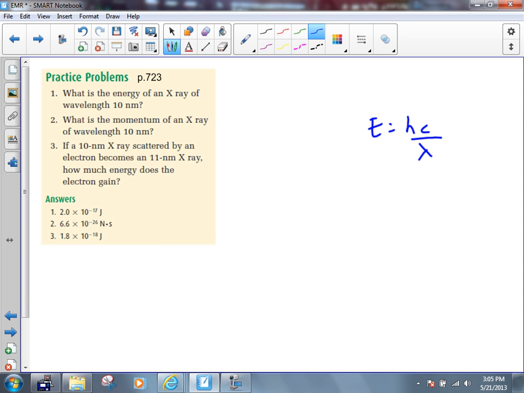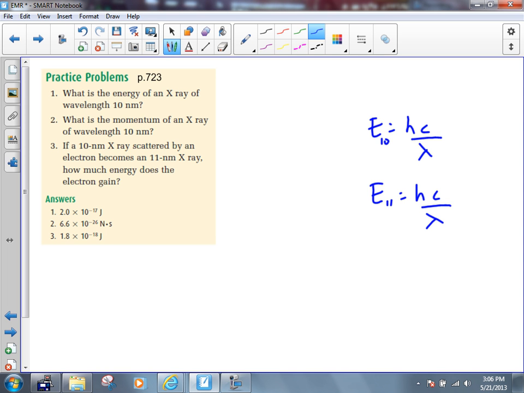For question number 3, we're going to calculate the energy of the 10 nanometer photon. Let's get the energy of the 11 nanometer photon using the same equation. Let's get the two of those and let's subtract them. When we do that, understand that we've just solved for the energy change of the photon, not of the electron.